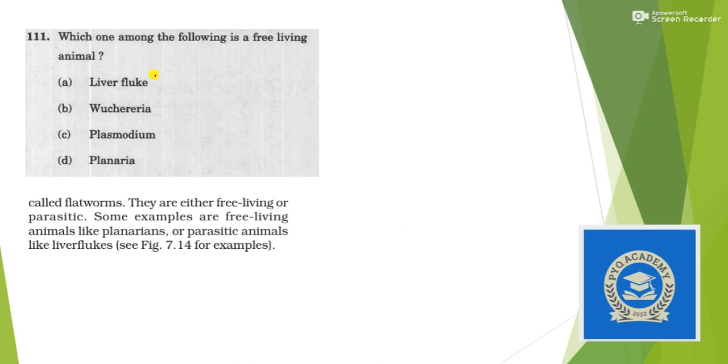Which one among the following is a free living animal? This is a question from the chapter Diversity in Living Organisms, and it is in class 9, chapter 7.